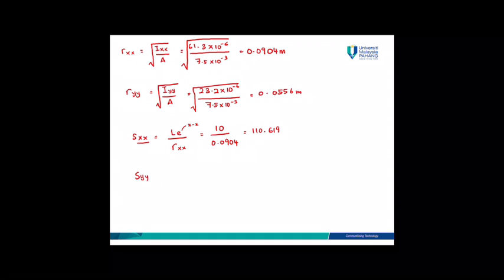And SYY, LE you take from YY axis divided by RYY, equal to 3.5 divided by 0.0556. This one is equal to 62.95. Therefore, as I mentioned previously, the column will buckle at the bigger S value.